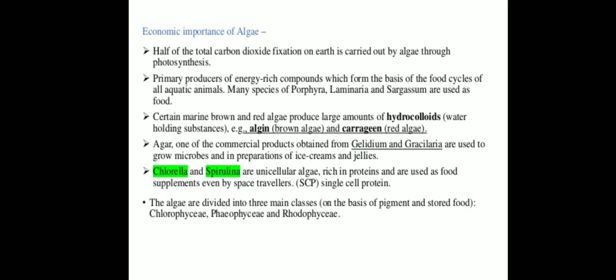Many species of Porphyra, Laminaria and Sargassum are used as food. Certain marine brown and red algae produce large amounts of hydrocolloids, that is water holding substances, example algin in brown algae, and carrageen in red algae. Agar is one of the commercial products obtained from Gelidium and Gracilaria.